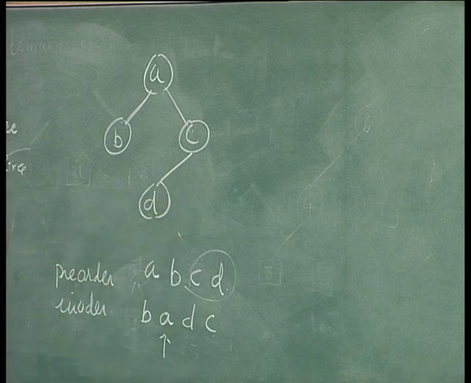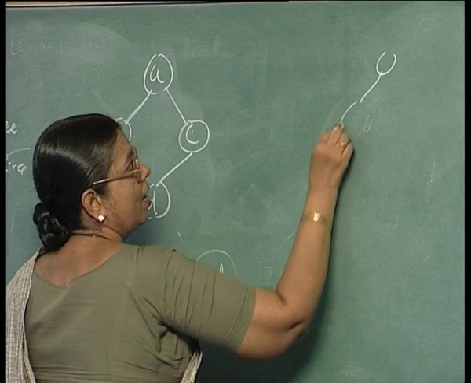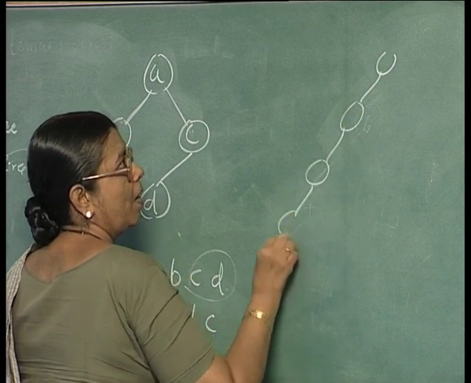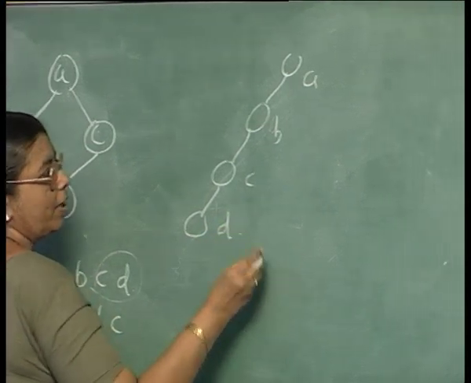So, you can draw like this. From pre-order and in-order you can draw the tree in a unique manner, but you cannot do that if you have pre-order and post-order. For example, if you have something like this, A, B, C, D, what is the pre-order?